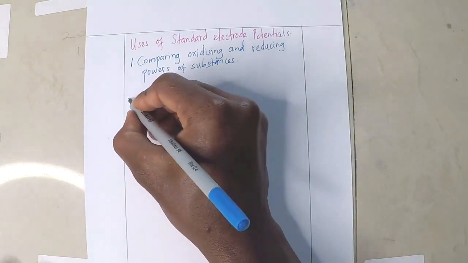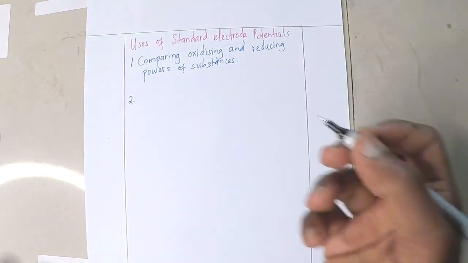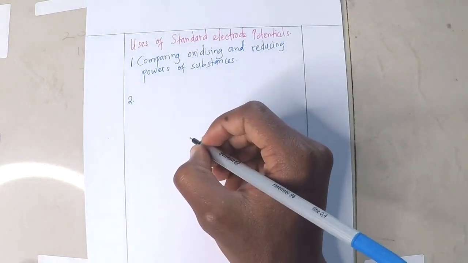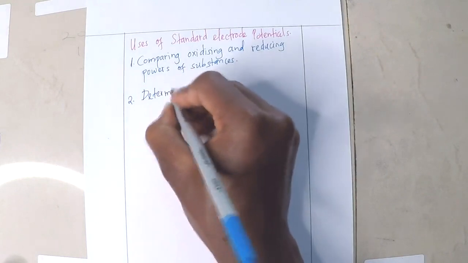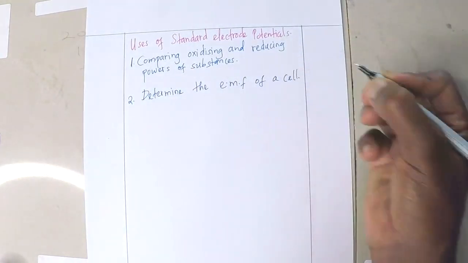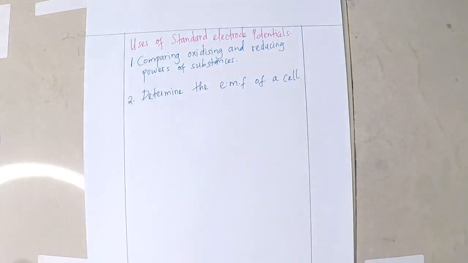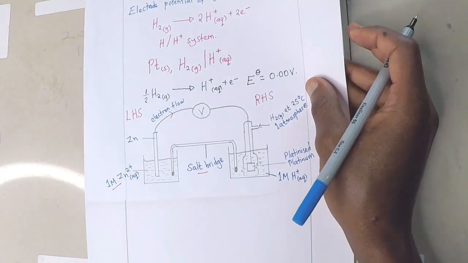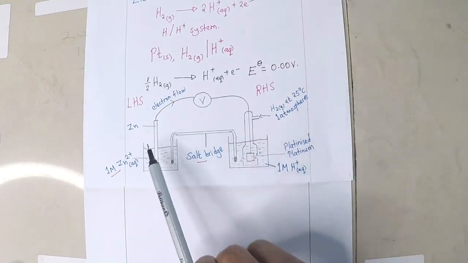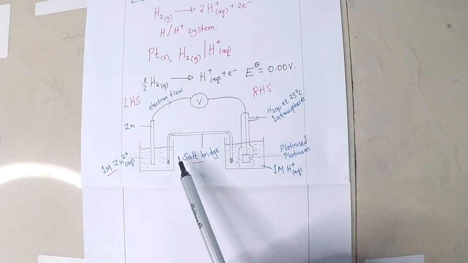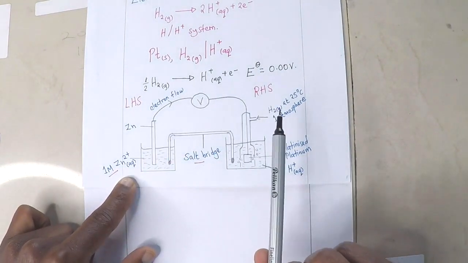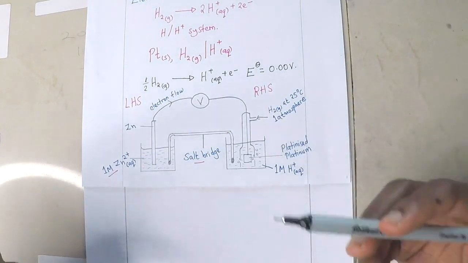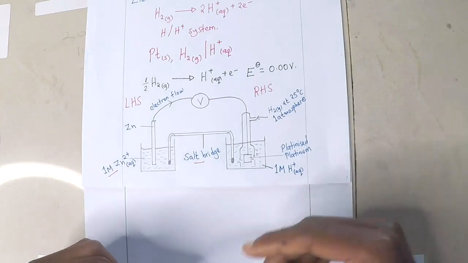Use number two. Standard electrode potentials are also used in determining the EMF of a cell. Now, when we combine two cells, like the one we did for the standard electrode potentials, the zinc and hydrogen cell, then the overall cell has an electrode potential, or let's say an electromotive force, the EMF.